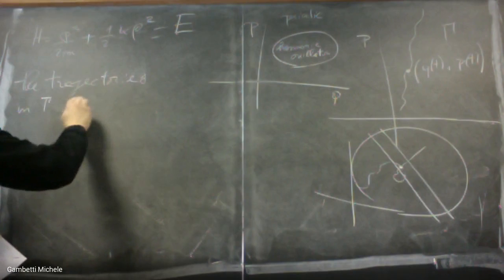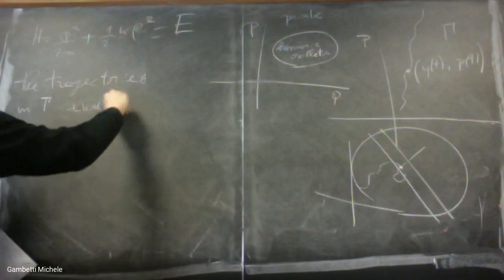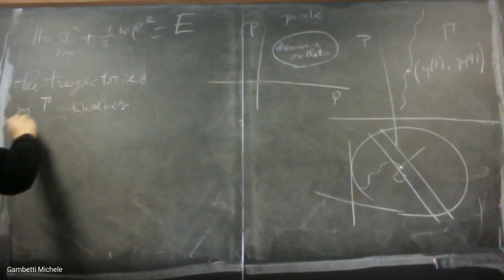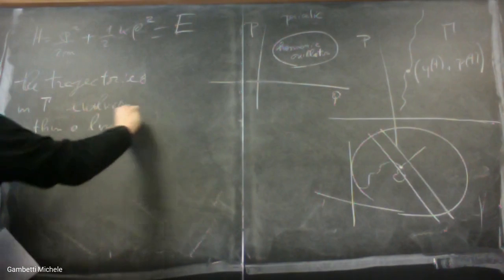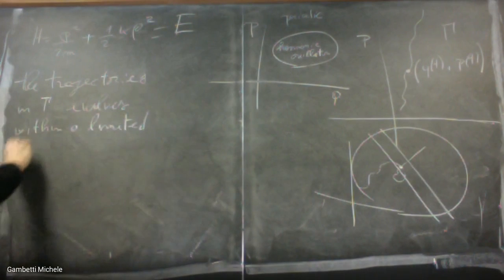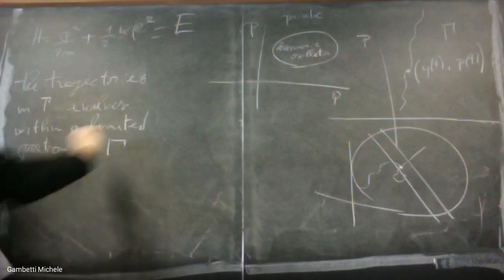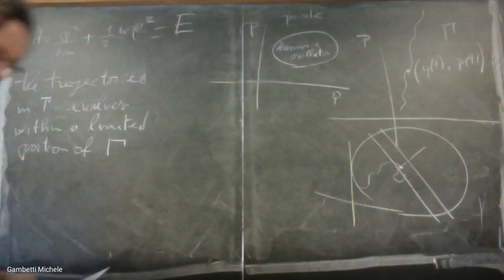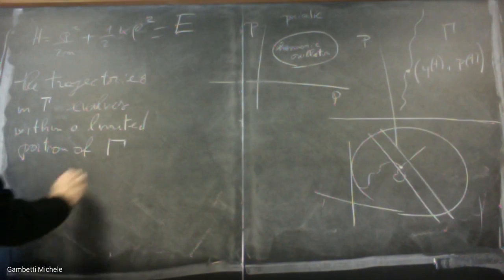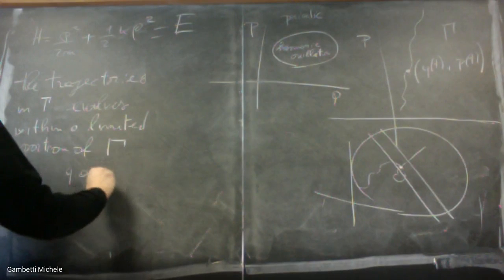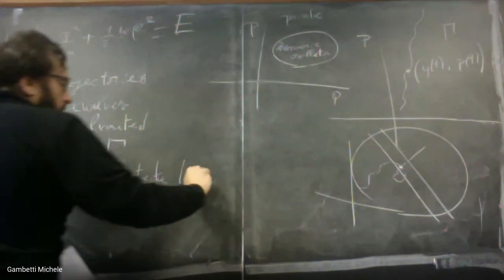So this trajectory gamma evolves within a limited portion of gamma. Why? Because, for what concerns q, the q are limited by the volume, if you want, by the size of the box.